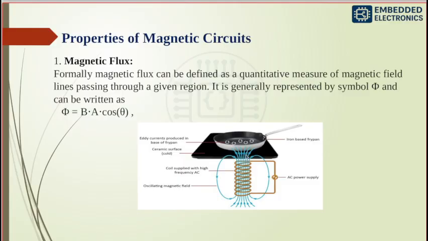So when magnetic flux changes through a conductor, it induces a current. These currents inside the pan are called eddy currents. So this is electromagnetic induction. The metal pan has resistance and the eddy current produces heat due to this resistance.